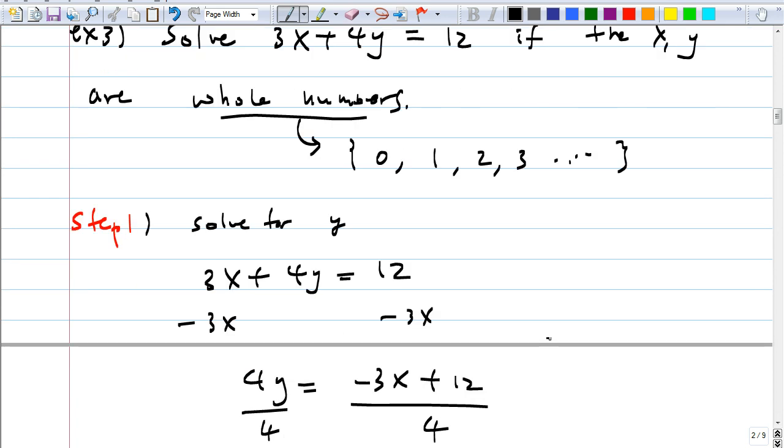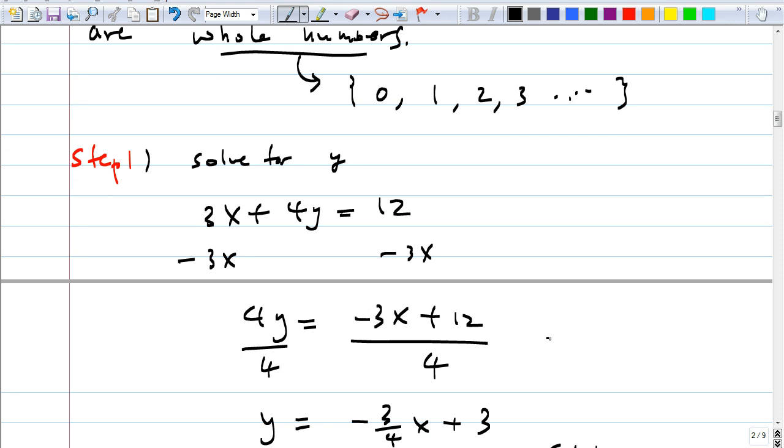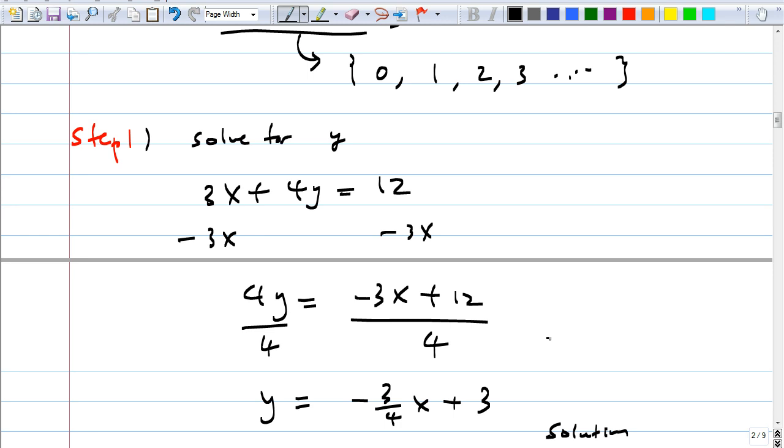When we do this, Audrey, what does that come out to be? y equals negative 3/4 x plus 3. Is that what we get? Again, remember this is called the slope-intercept form, which we'll learn soon. I think a lot of you already know.